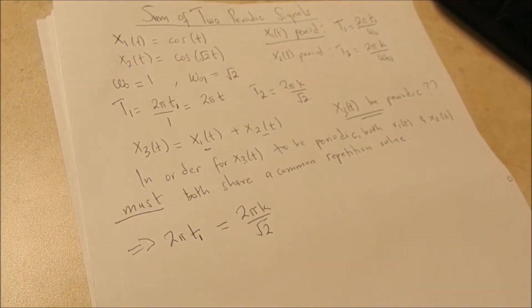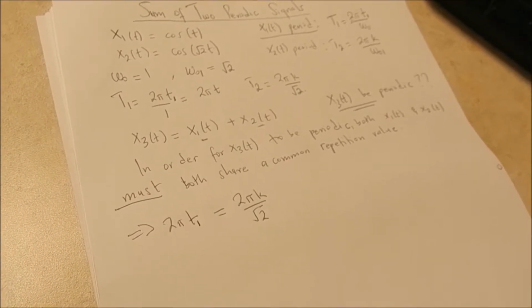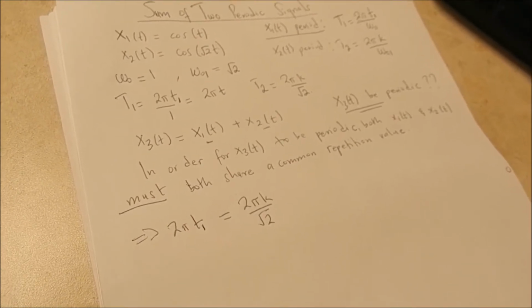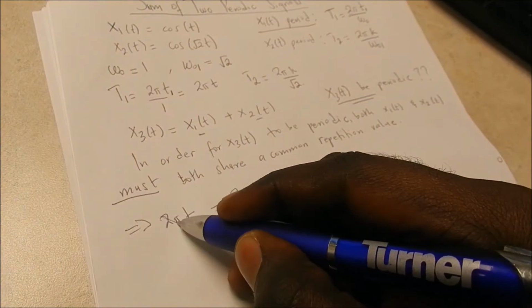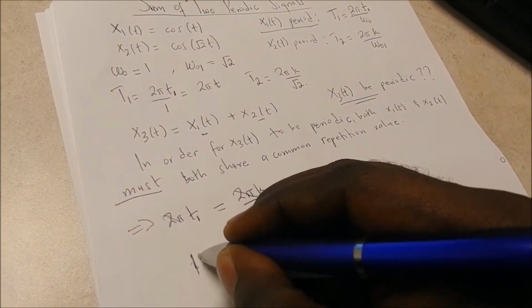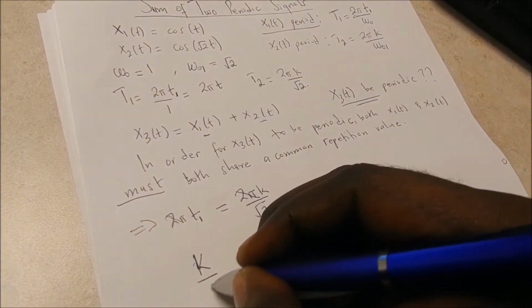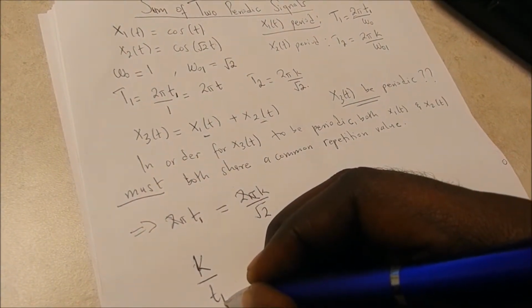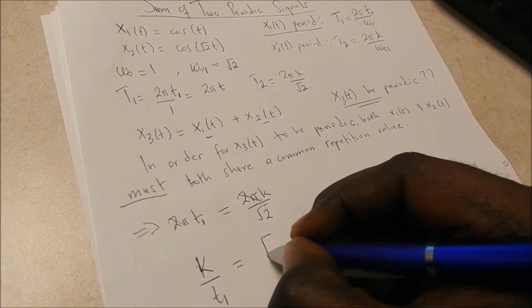Now, this and this basically cancel each other, and now k over T1 will be equal to the square root of 2.